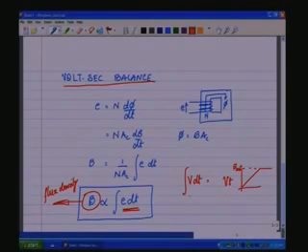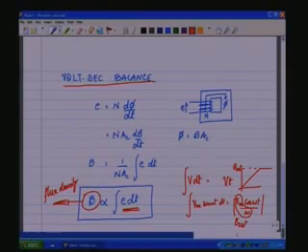If E were sinusoidal, Vm sine omega t, then this would result in Vm cos omega t by omega, where omega is 2 pi f, and therefore this value has a sinusoidal character, but the peak value is always Vm by omega, and the design value of Vm by omega should be such that this does not exceed B sat of the core.